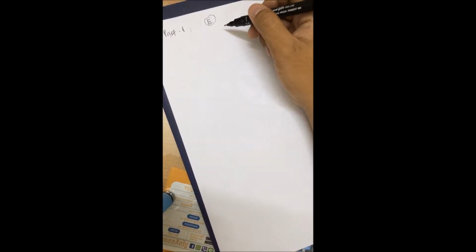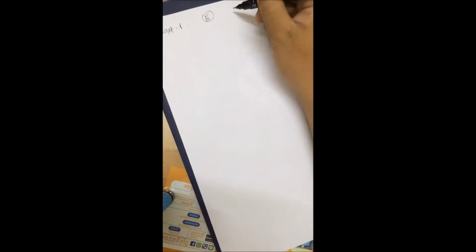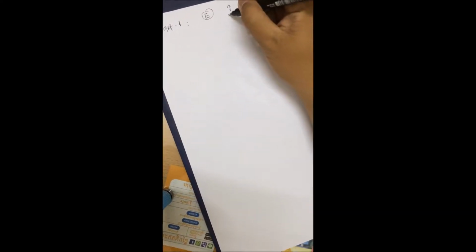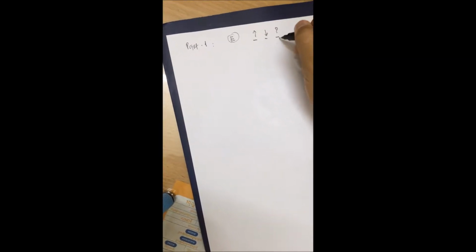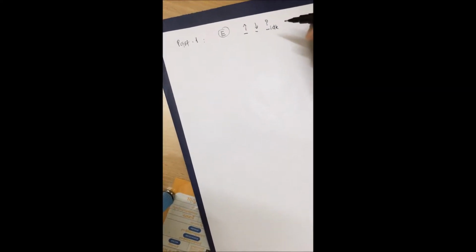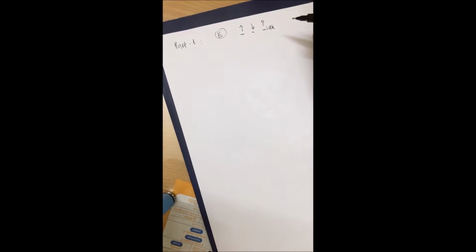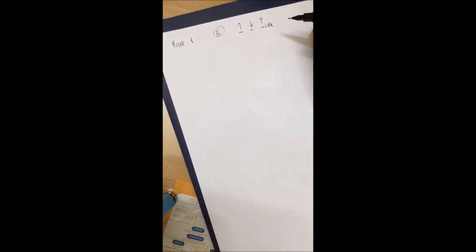All we need to do is just draw an arrow, an up arrow, a down arrow, or a question mark. This one should be increase, this one should be decrease, and this one should be you don't know, IDK.